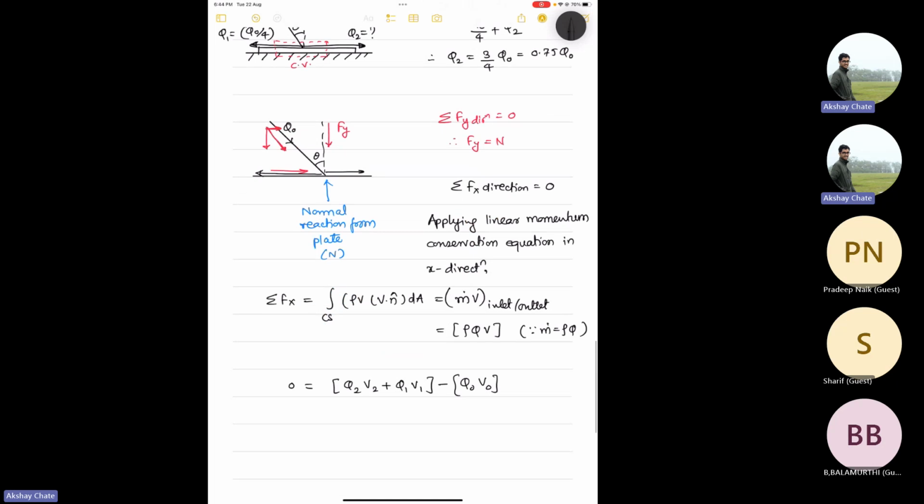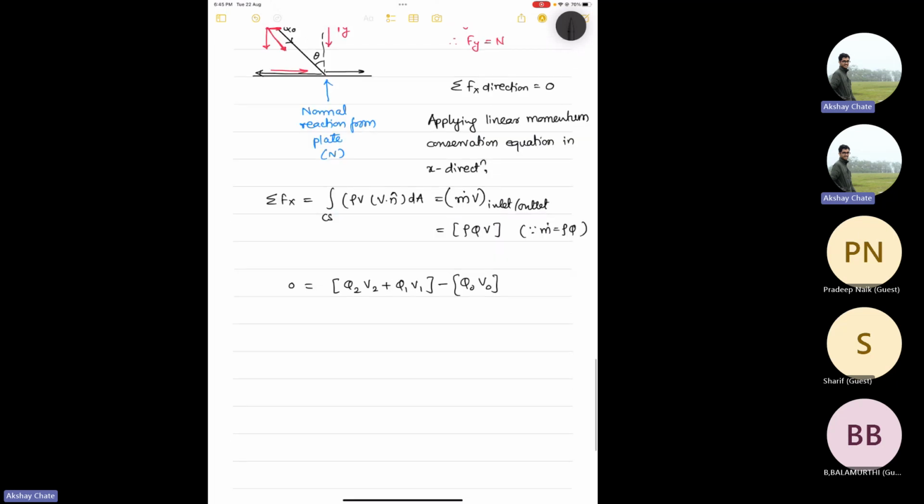So now the question is, what do we know about V2, V1 and V0? Now we are again stuck here, we don't know the velocities, right? So let me check the question if any other thing is given. Yeah, the other data that is given is the plate is smooth.